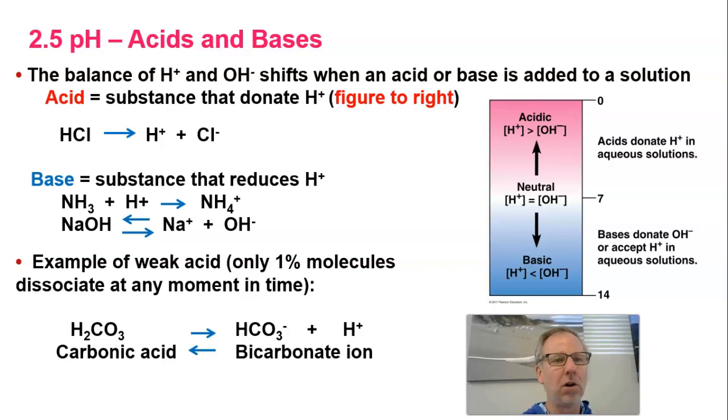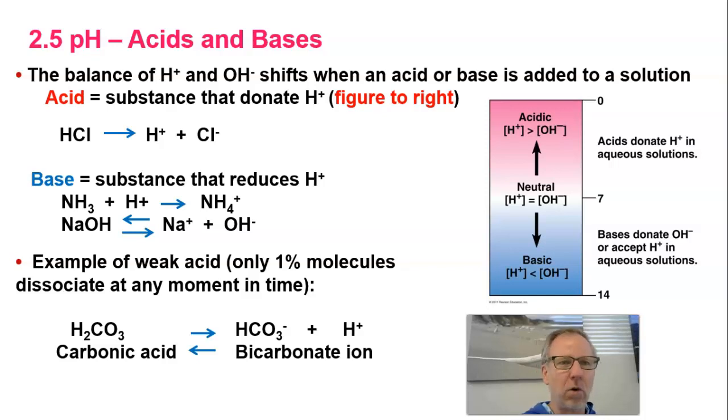That's because all of the hydrogen ions are dissociated and free in hydrochloric acid, and so if you add hydrochloric acid to any solution, it's a very strong donator of hydrogen ions.